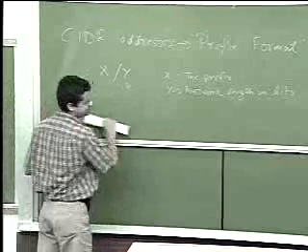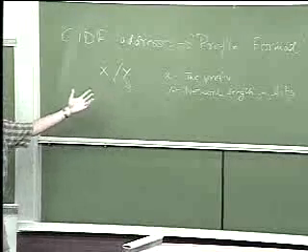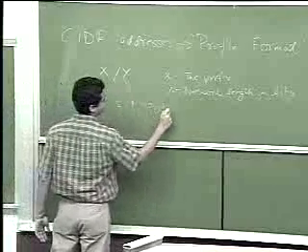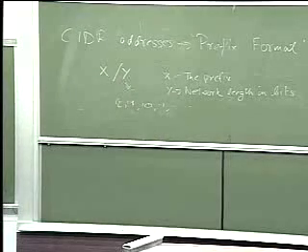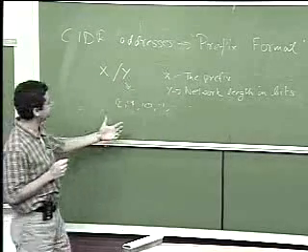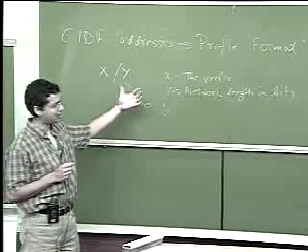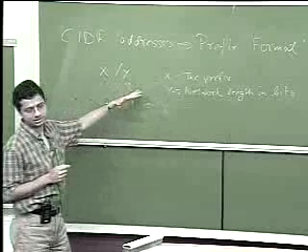So what CIDR did was remove the restriction that Y could only be 8, 16 or 24. Now Y can be anything, 8, 9, 10, 11 and so on. And X is the prefix written out in decimal format, but it's the prefix that should match this network.